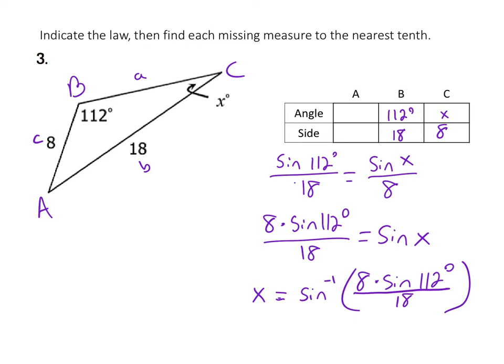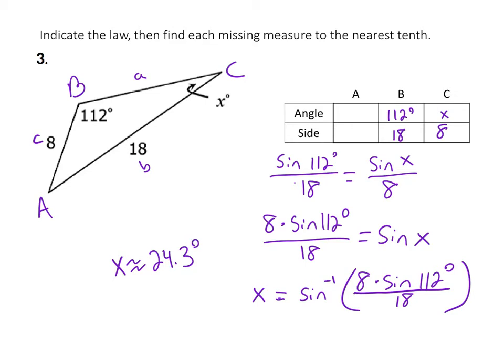All right, now we're in one-step calculator territory. So I'm going to put this in and get 24.3356. So X is approximately 24.3 degrees, because we're in degrees.